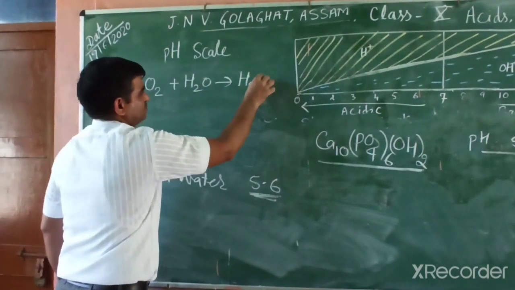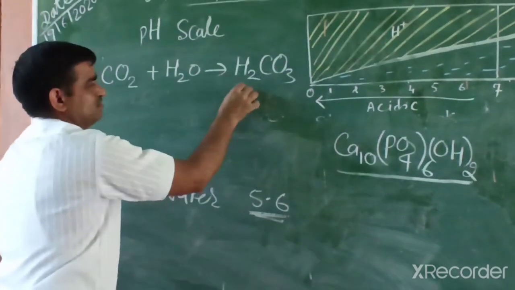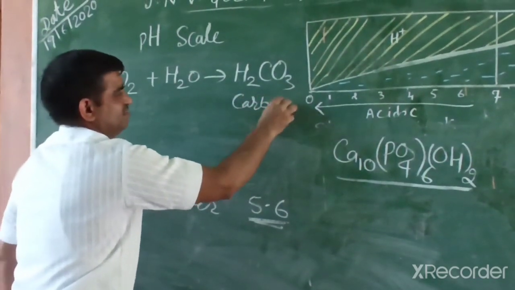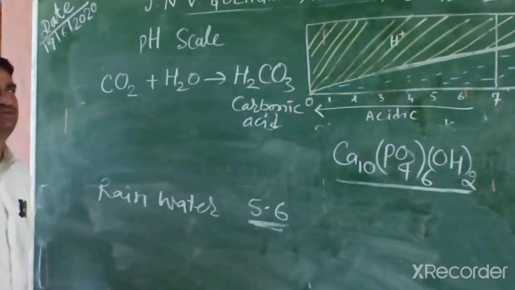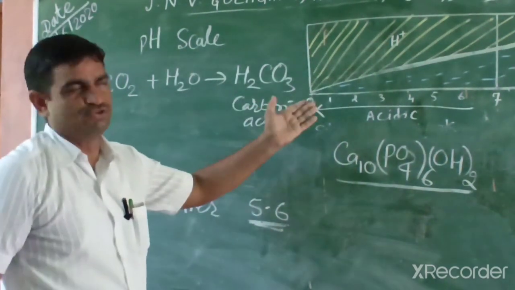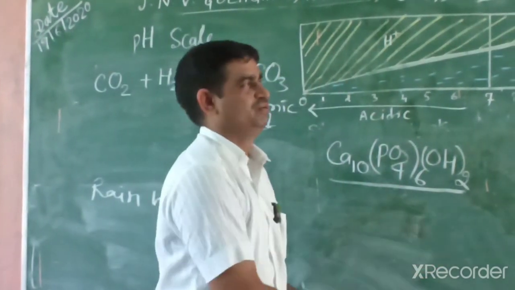That acid is known as carbonic acid. This acid is a weak acid. How can we say it is weak? Because it does not dissociate completely into ions when dissolved in water.